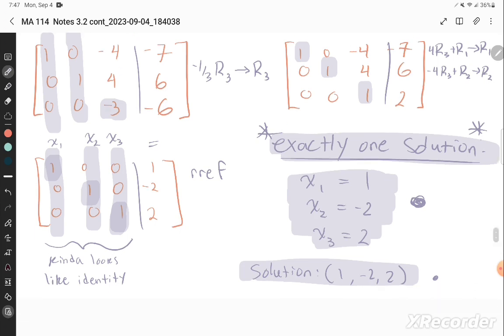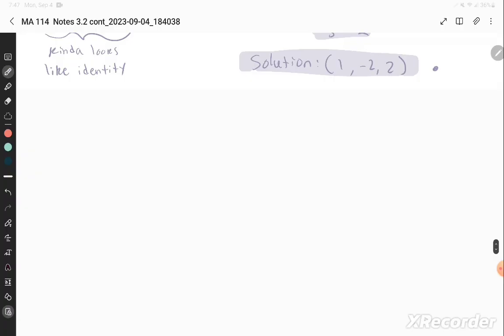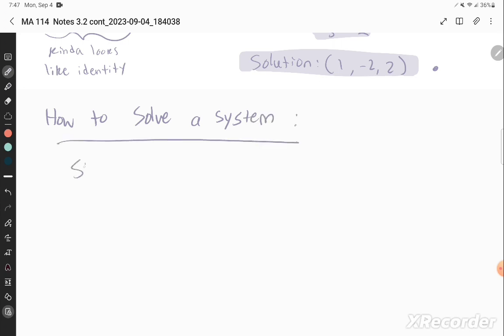So here's kind of the goal of how to solve a system. So you need to do step 1.